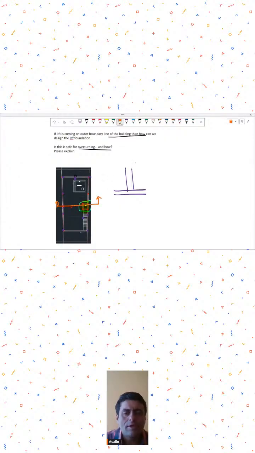What will happen over here is that for the lift you will have to go 5 feet at least down. So the situation will be something like this. Let's say this was the column and this was the column on the edge. Because this is the raft, you will have to have the lift pit. Of course, we are assuming that this is being used as a basement.